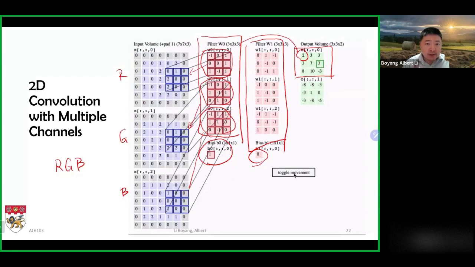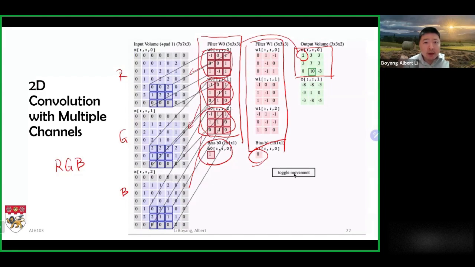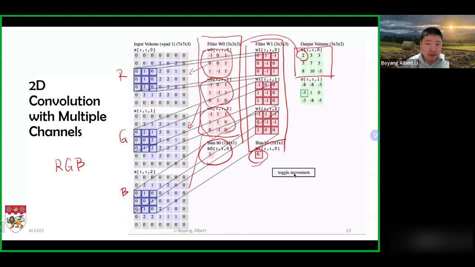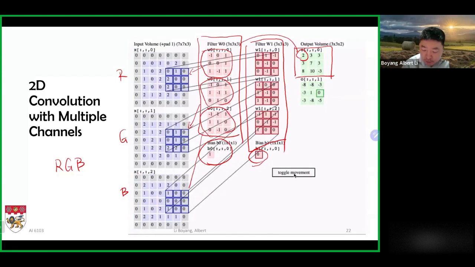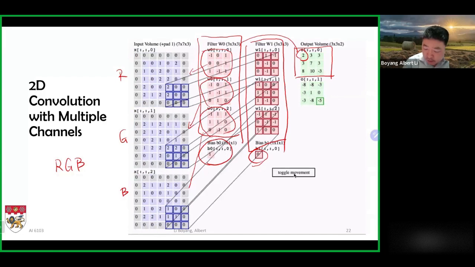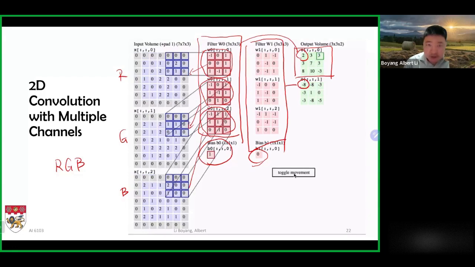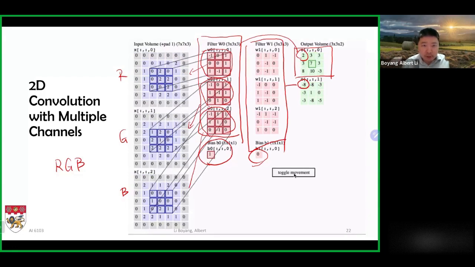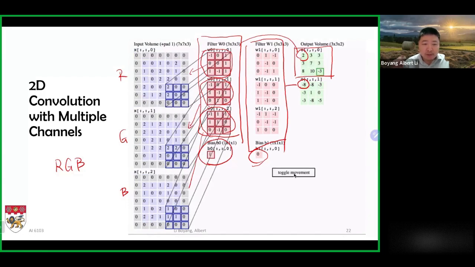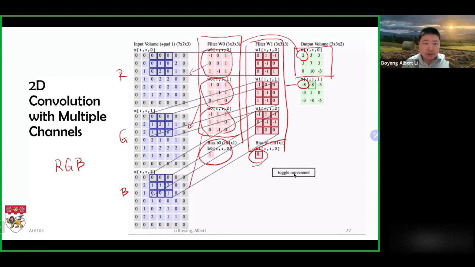So they are always at the same spatial location, but they are dedicated to a particular input channel. The sum of the products for the second set of filters goes to a second output matrix, which I'll refer to as the second output channel. So this is basically how we deal with multiple channels.